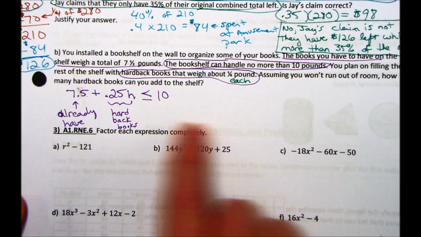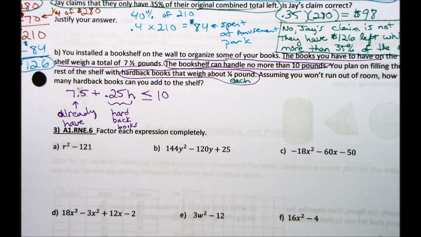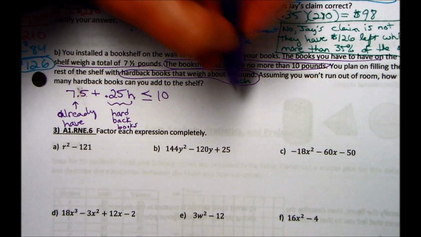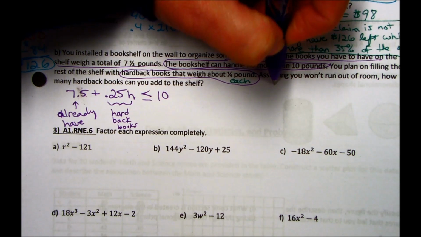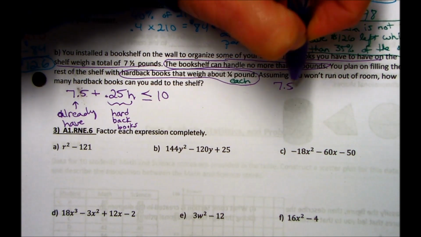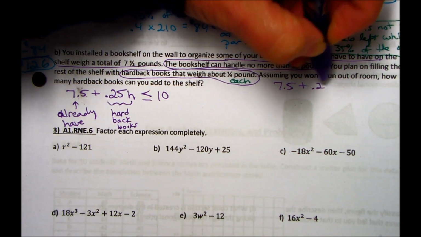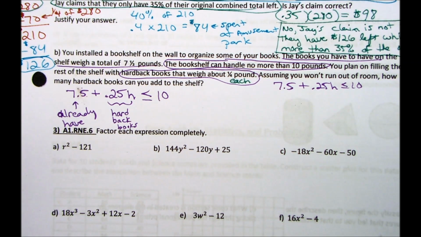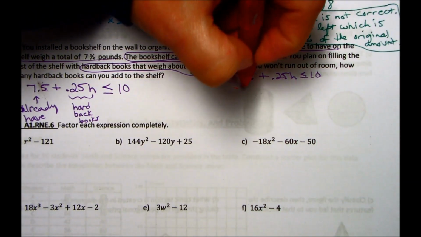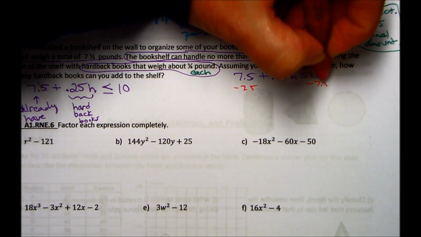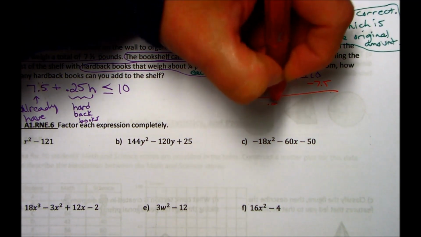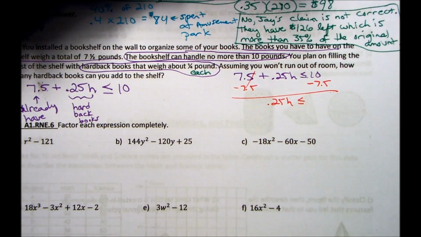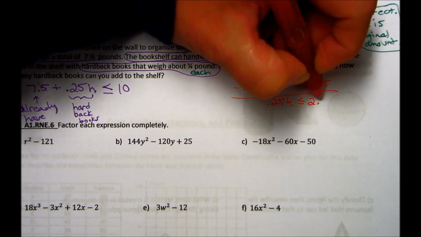So now that I have my inequality, I can answer the question, how many hardback books can you add to the shelf? So over here, I'm going to take my inequality and solve it. So my first step in solving would be to subtract the 7.5, which will be 0.25h less than or equal to 2.5.